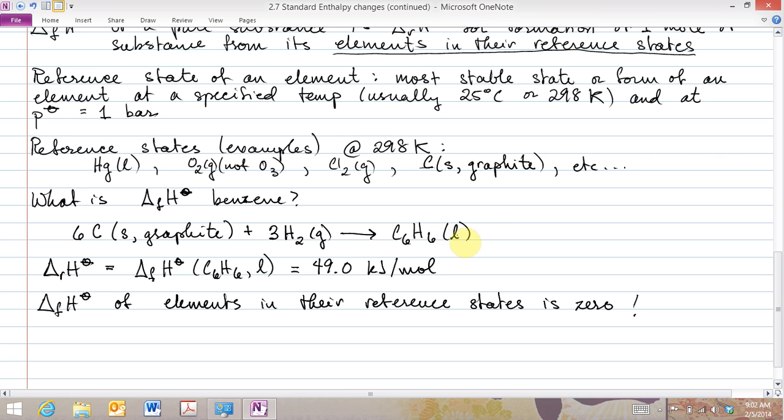Does that make sense? So to say it again, what constitutes the standard enthalpy of formation of a compound is all of the enthalpies involved in bond breaking for the elements and bond forming between the atoms of the elements in order to make the compound.